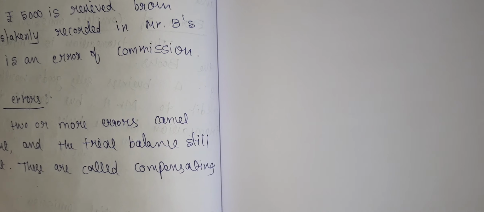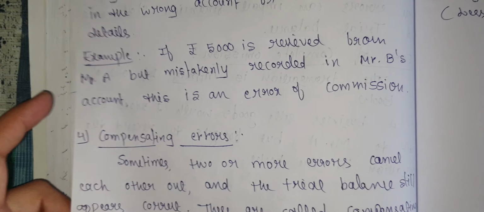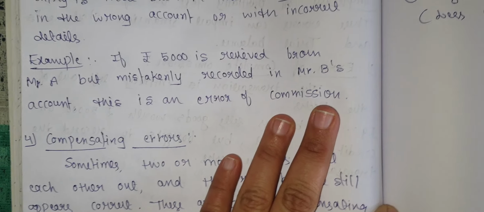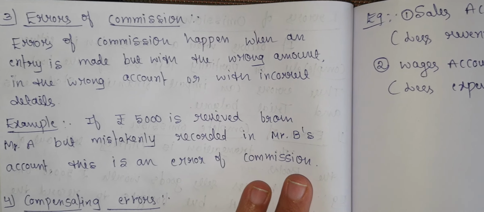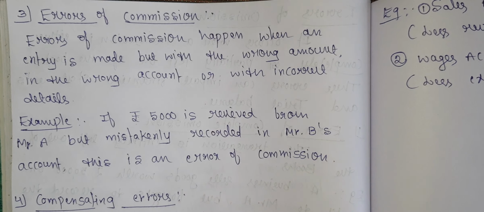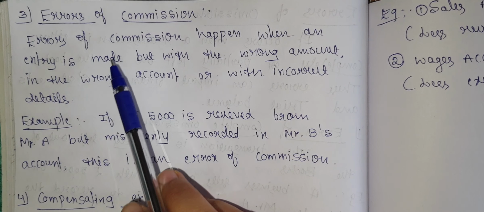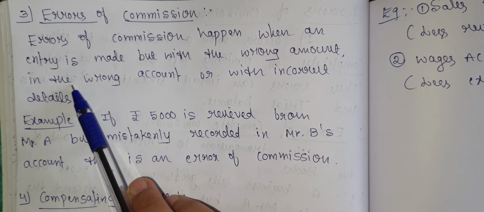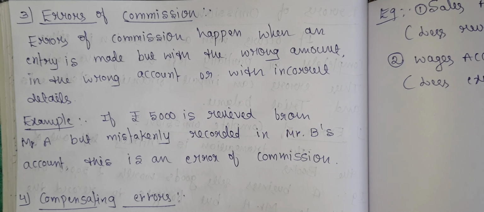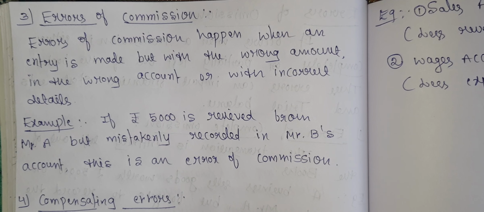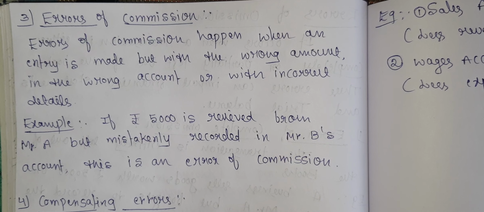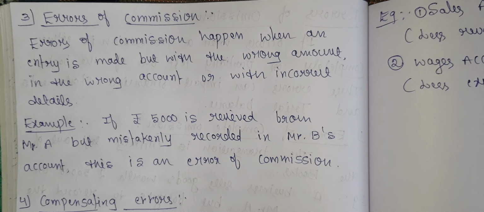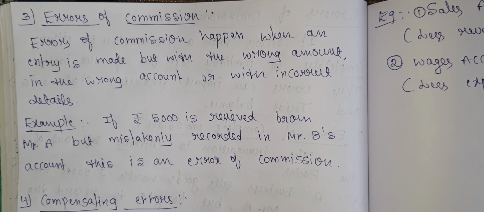Now we will see the next one, that is errors of commission. What does it mean?